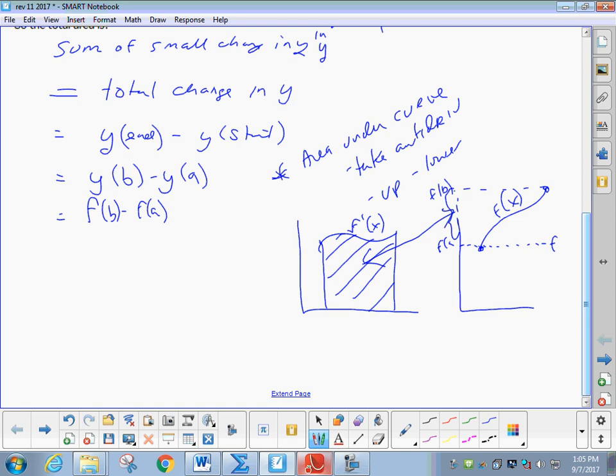That's amazing to me. The area under f prime is equal to the linear distance between the two curves of the antiderivative. That's crazy. That's insane, man. Are you with me? Oh my gosh! That blows my mind.